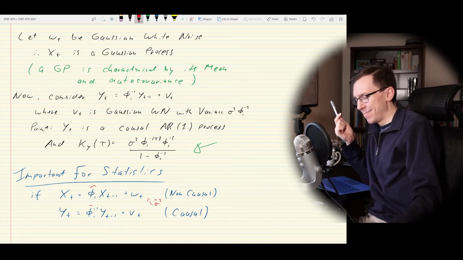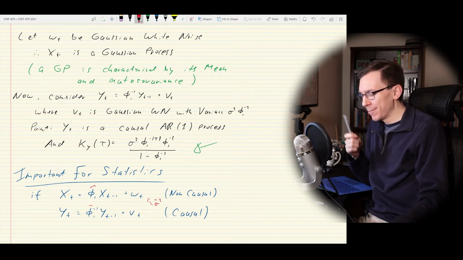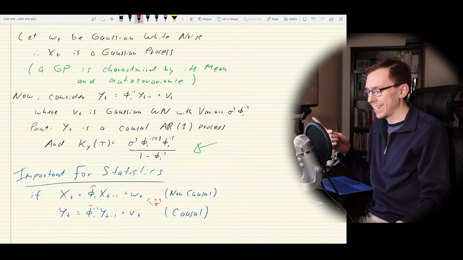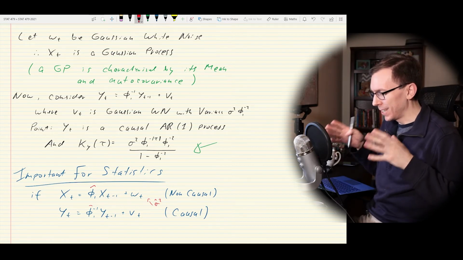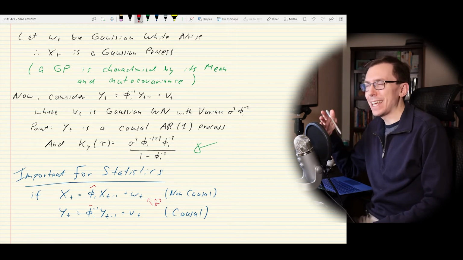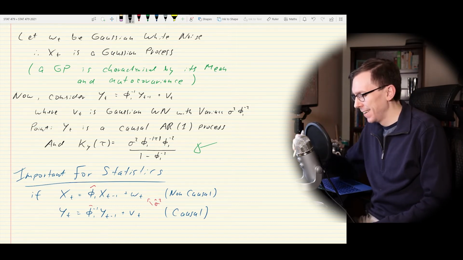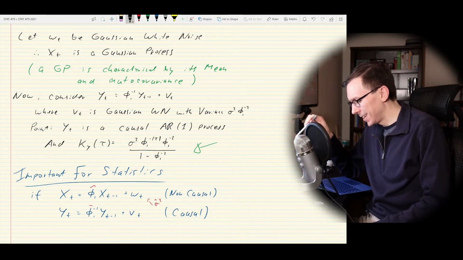Well, that's a problem for statistics. That's called identifiability. In statistics, we want to make sure that if we have data and a model, only one model is going to represent that data in some sense. Here we would have two models that are exactly equivalent in every way, except that one's causal and one's non-causal.